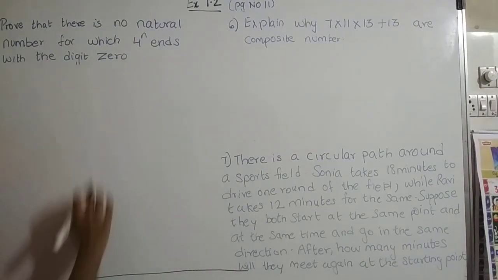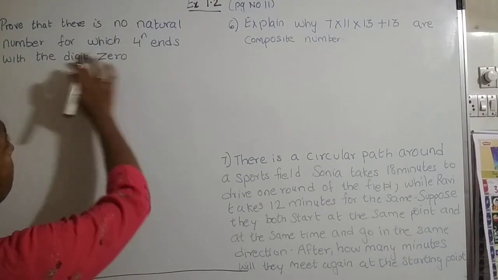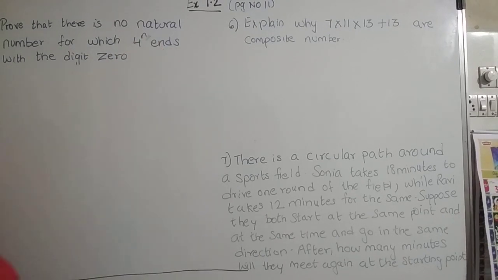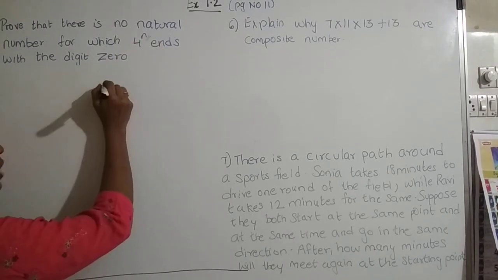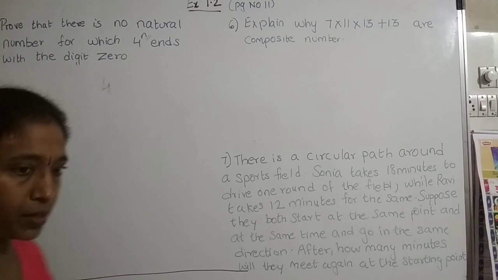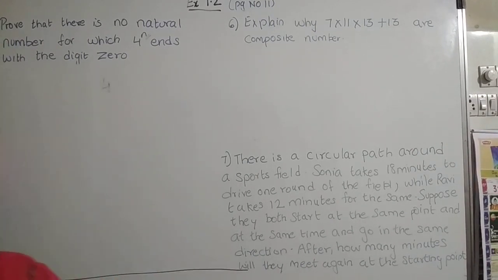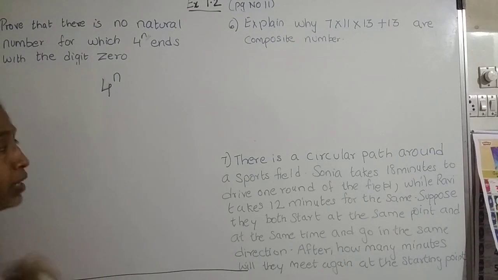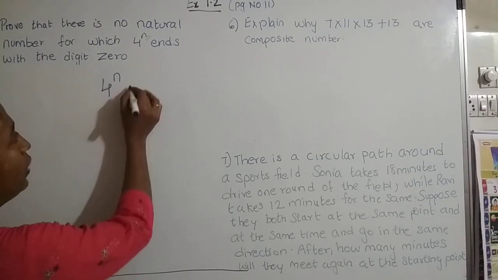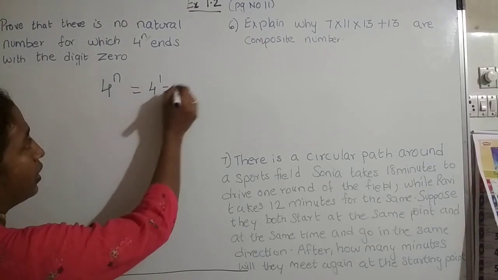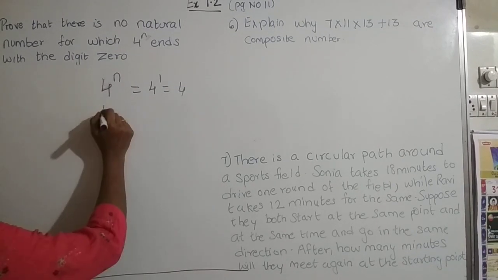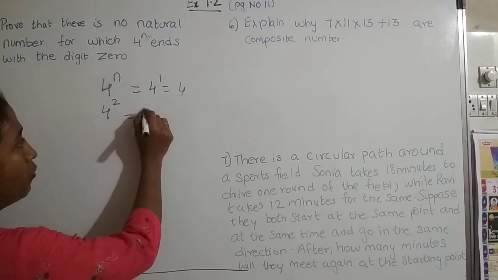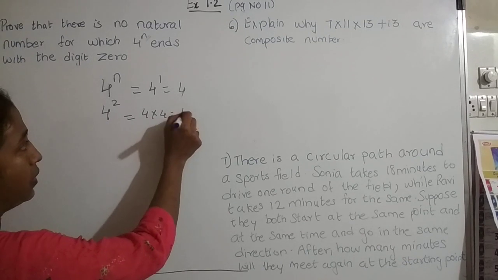So what does it say? Let's analyze. They are saying that for no natural number n does 4 raised to n end with digit 0. So if I take 4 raised to n, and if I take n value as 1, I get 4. If I take 4 square, n is 2, so I get 4 into 4, that is 16.